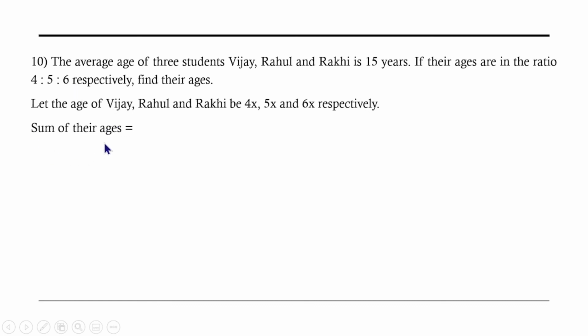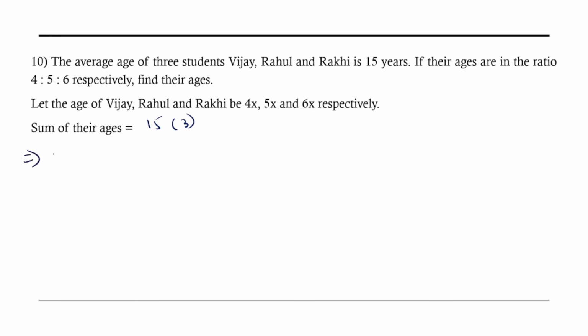Now the sum of their ages: it is given the average age of these 3 students is 15 years, so the sum of their ages will be 15 into 3. Now this sum is equal to 4x plus 5x plus 6x.